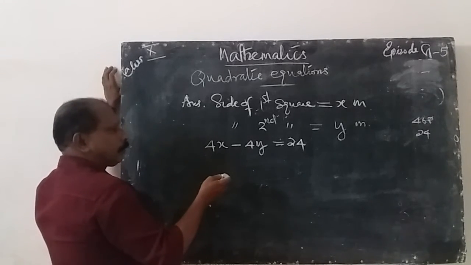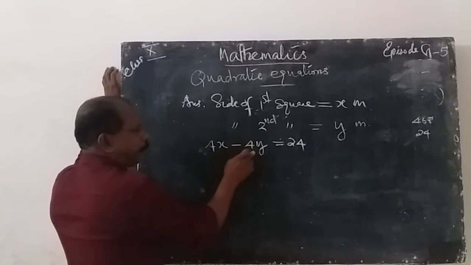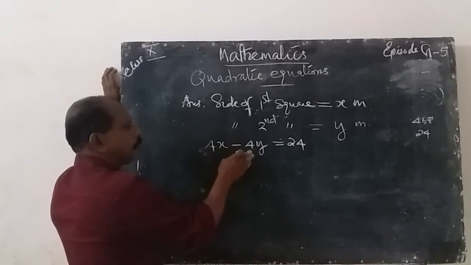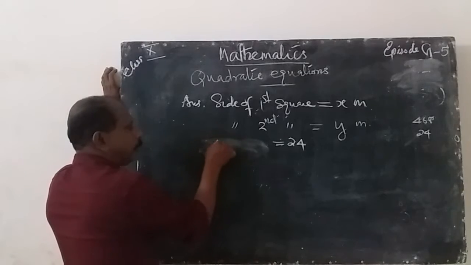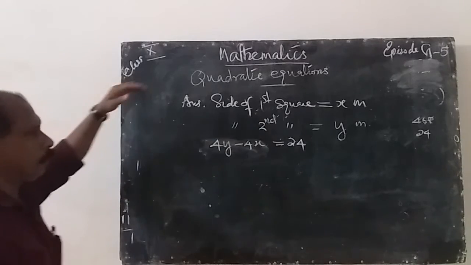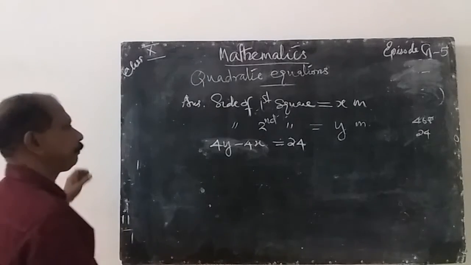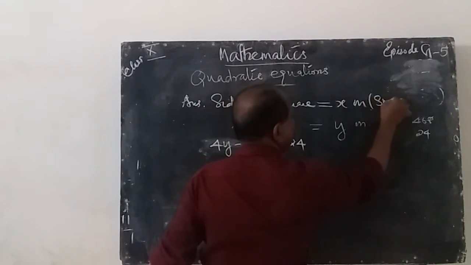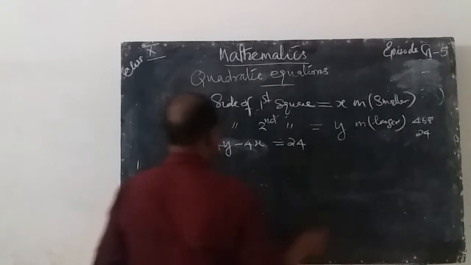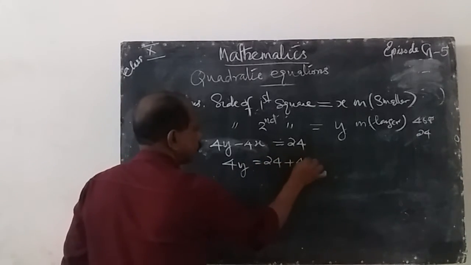That means let us assume the larger one is y. That is 4y minus 4x is equal to 24. Therefore, this is the larger and this is the small. Therefore, 4y is equal to 24 plus 4x.